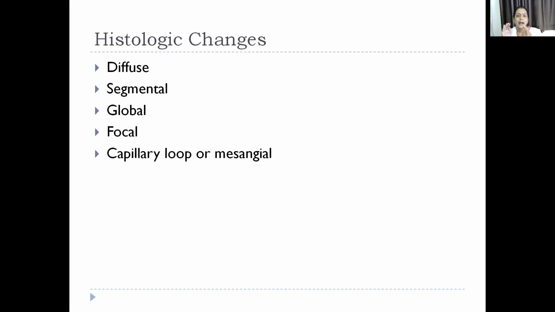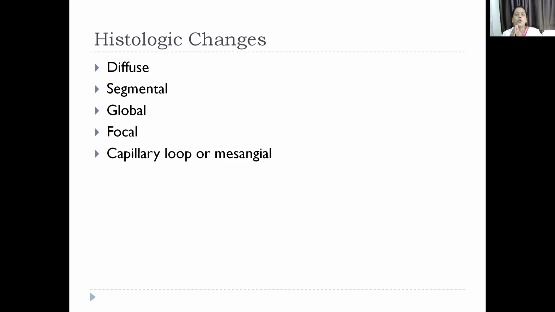So I will define the glomerular disease as diffuse when I see all the glomeruli possibly present in that kidney getting affected. I will call it segmental involvement only when I look at one glomerulus at a time and see that not the whole glomerulus is injured but just a part of it.